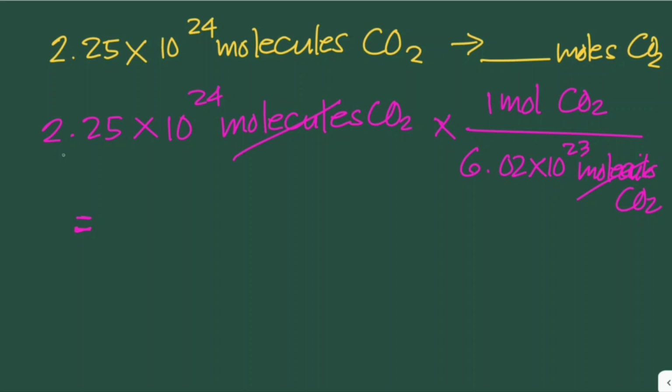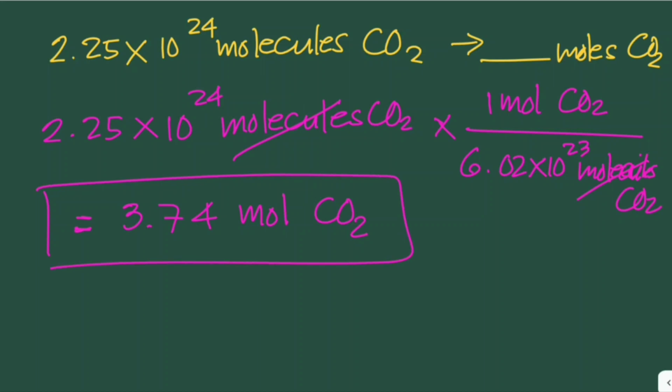Then by dividing 2.25 times 10 to the 24th by 6.02 times 10 to the 23rd, this would give us an answer that is equal to 3.74 moles CO2. All right, so that is how to convert number of items to number of moles.